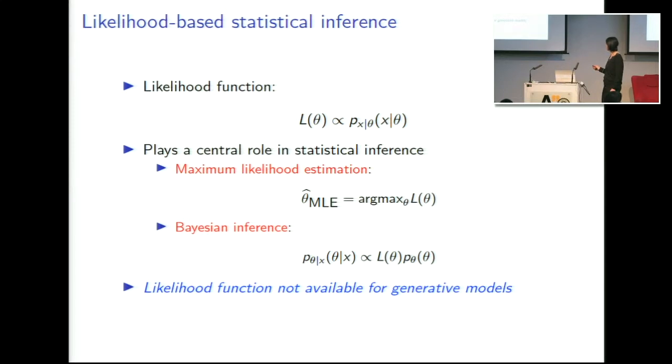But you realize that as soon as the likelihood or the model is not available analytically, we of course cannot maximize it, and we cannot either form the posterior distribution. So neither maximum likelihood estimation nor Bayesian inference is available to us, at least traditionally.